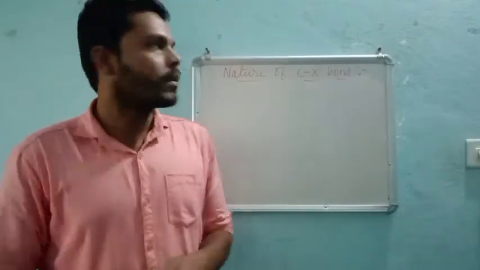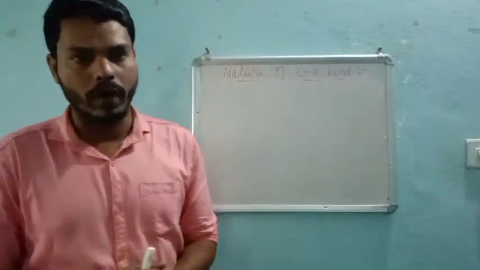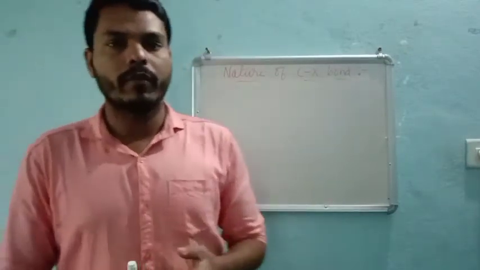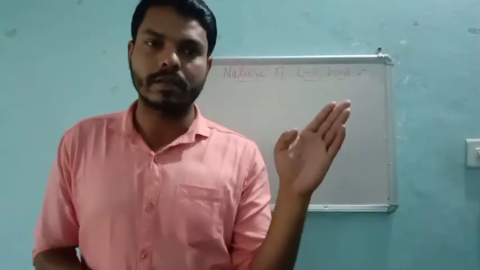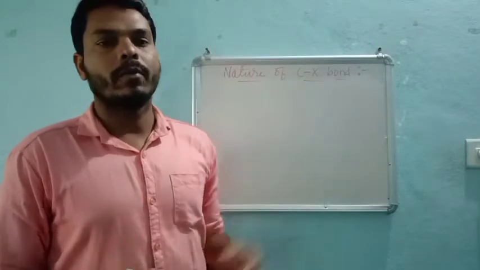So the nature of the C-X bond plays a very important role. We will go point-wise so that you can easily understand the concept. In the introduction class itself, I have already given a hint about the C-X bond.